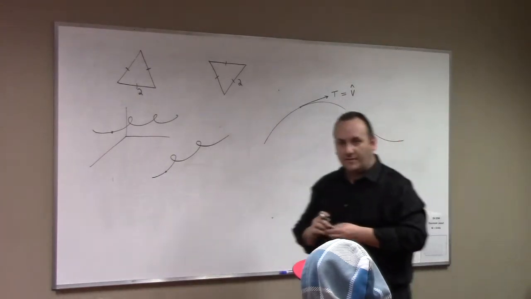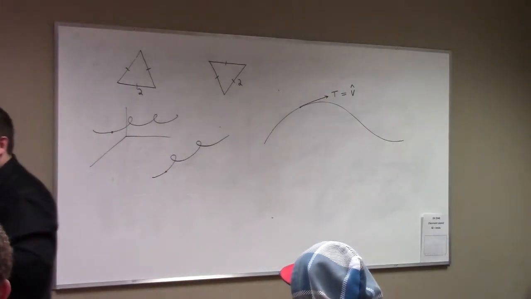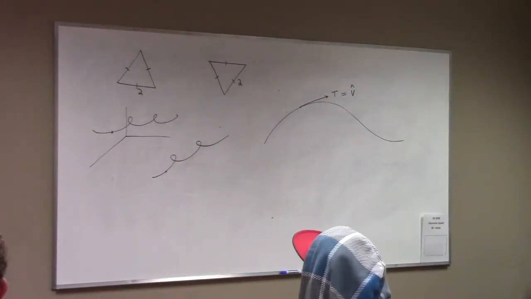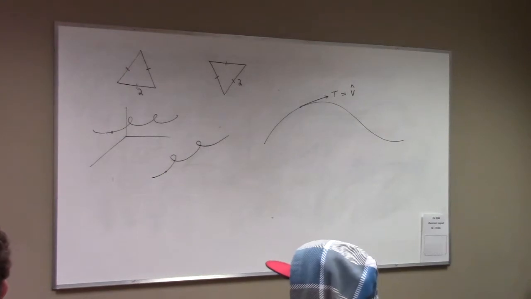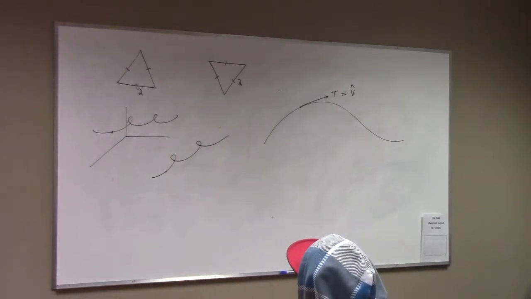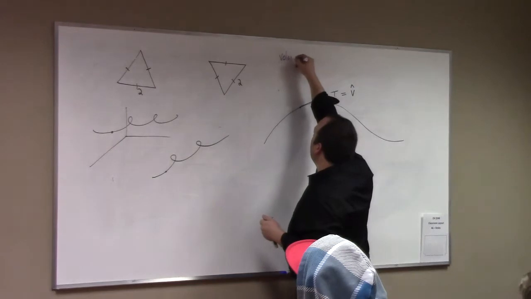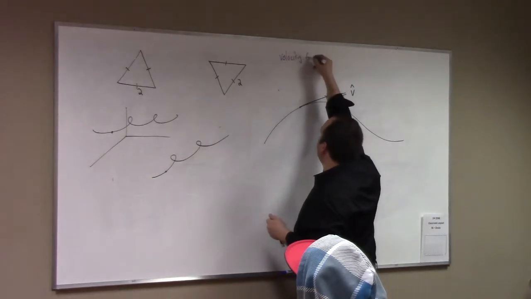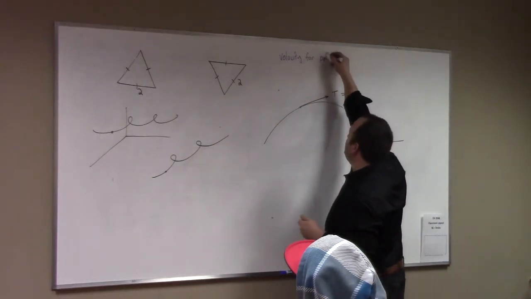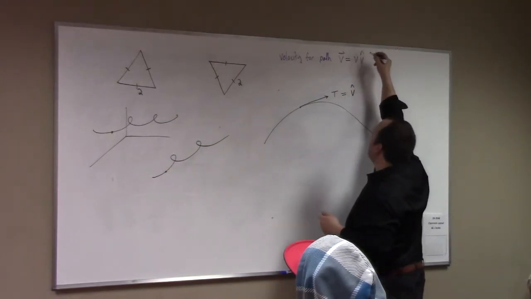All right? And to keep things unambiguous, we'll start by taking a unit speed parameterization for the curve. So if we have a unit speed parameterization for the curve, what is the velocity for a unit speed curve? So velocity for a path, generally speaking, as we've talked about, is the speed times v hat, right?